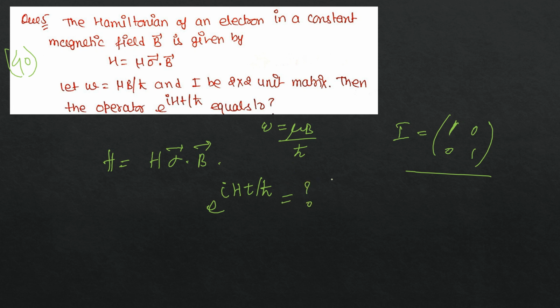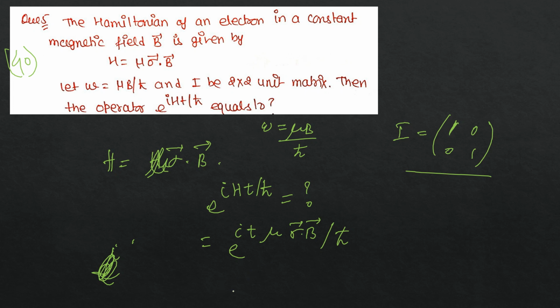This is the operator. We have written a formula for e to the power what? See here, I will just put e to the power it in place of H. This is mu actually. So I will put mu sigma dot B by h cut, e to the power it mu sigma dot B by h cut.